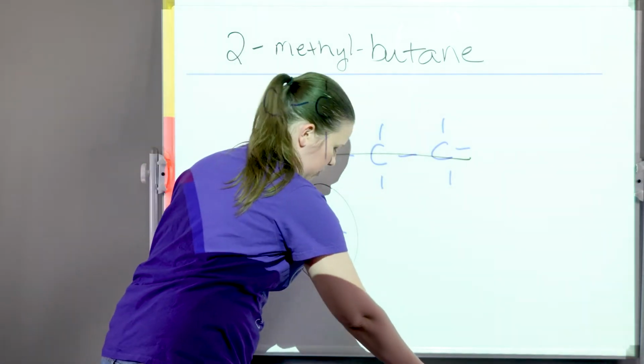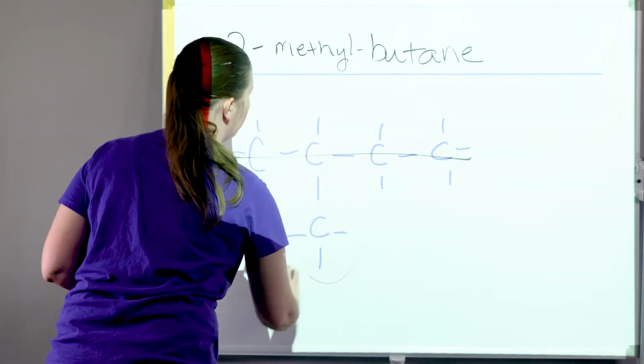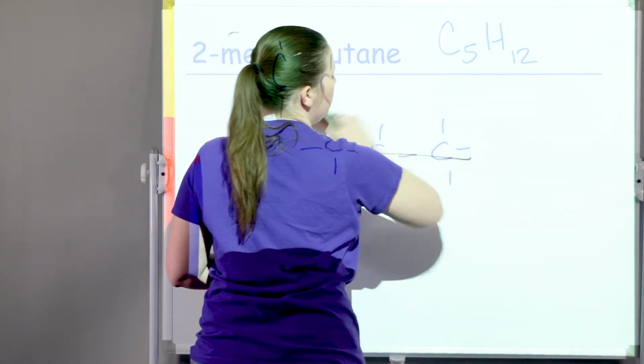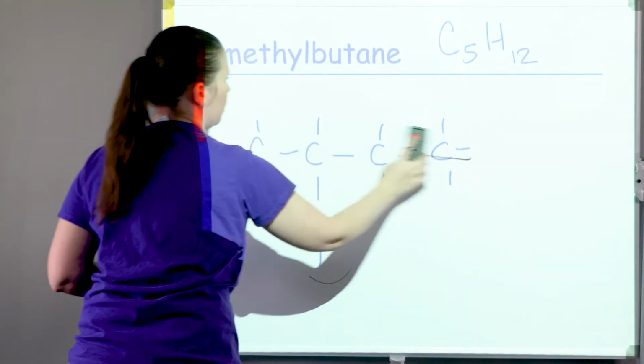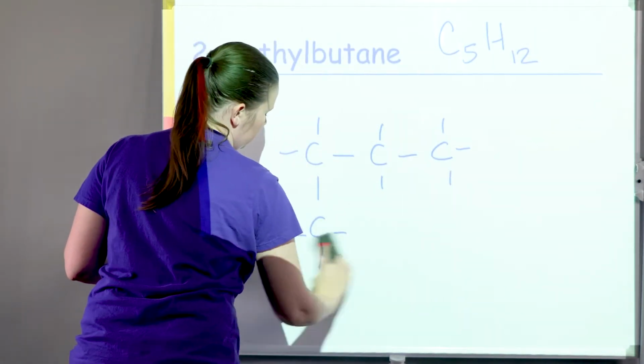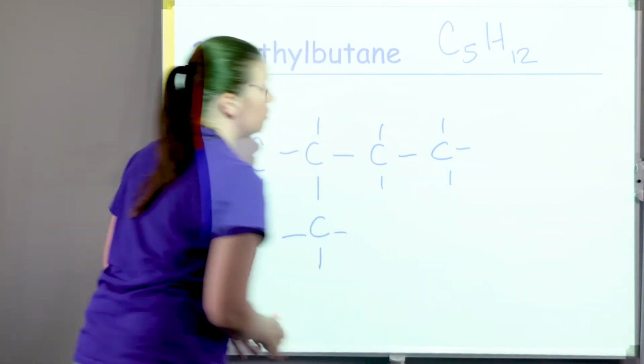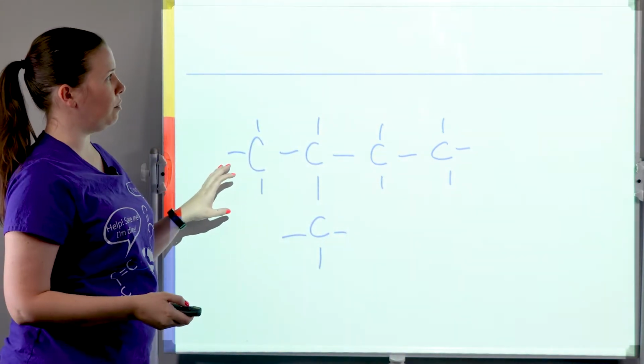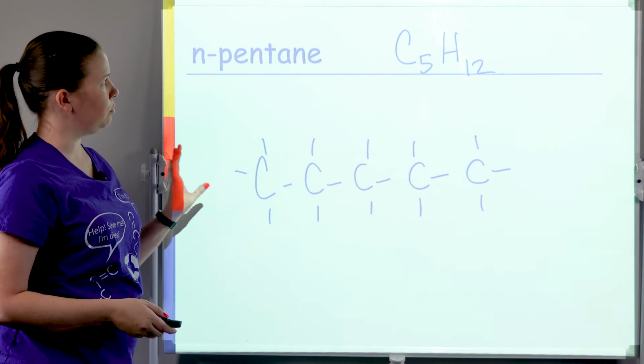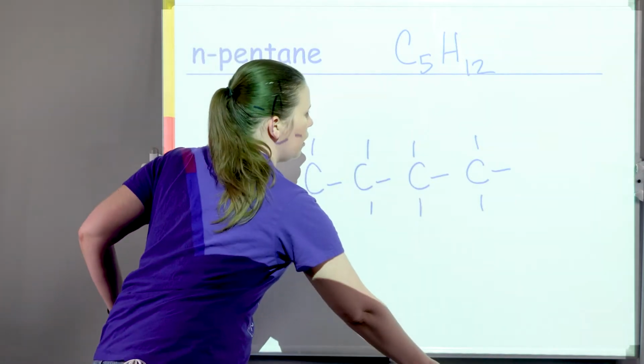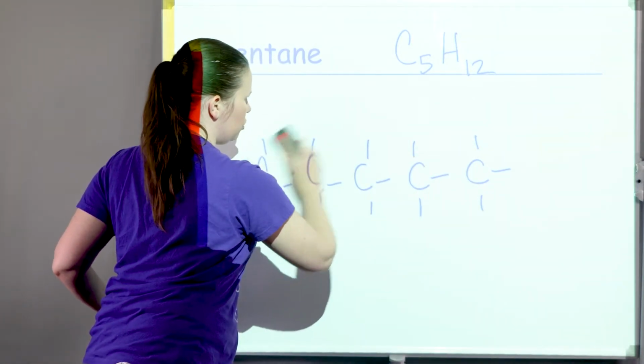Notice how many carbons and how many hydrogens we ended up with here. C5H12. That's actually the same number of carbons and hydrogens that we had back with the normal pentane, C5H12. So there's a special name for that.